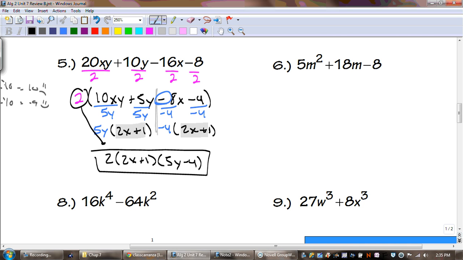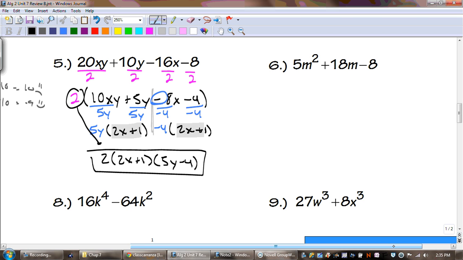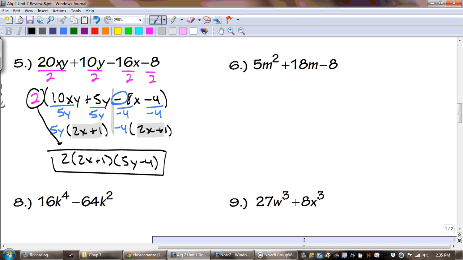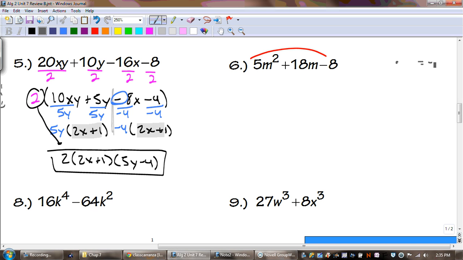All right. Number 6. Always ask yourself, is there a GCF? No, there's no GCF, okay? So we have to multiply 5 times 8, which is 40. It's a negative 40. So numbers that multiply to negative 40 and add to get to 18. You guys know it? Ugh, me either. I'm being serious.